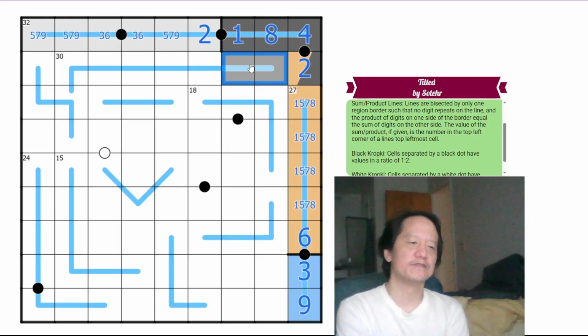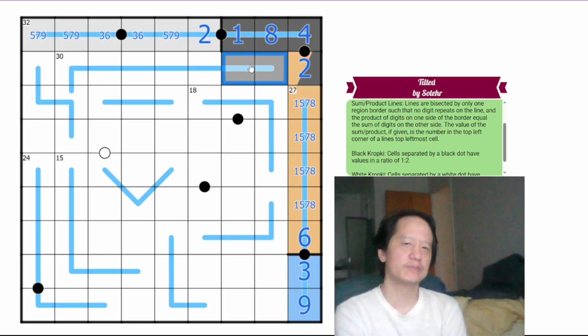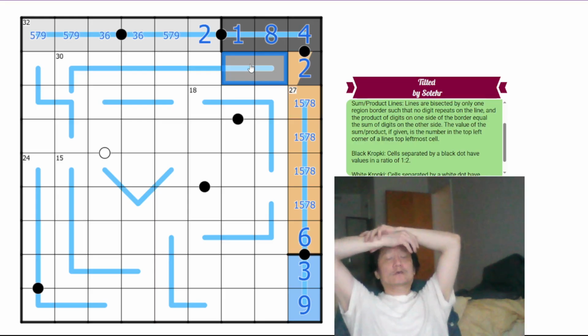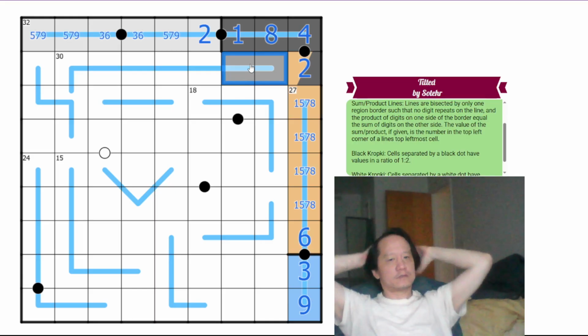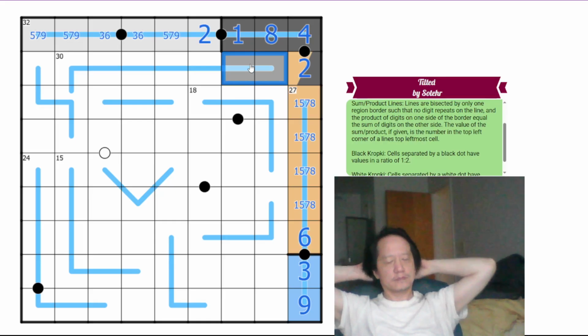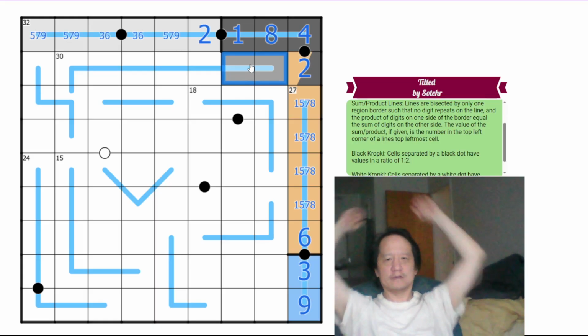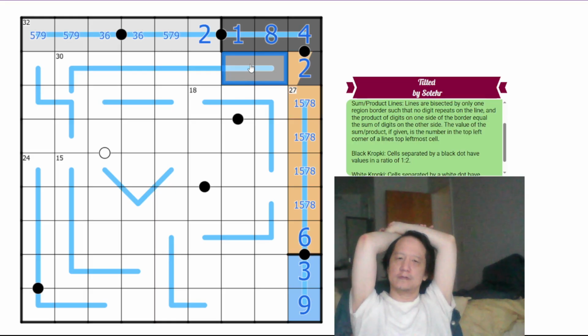Say it wasn't the 5 or 6. How do you add up to 30 without 1, 8, and 4? Adding up to 30, that would also require a 5.